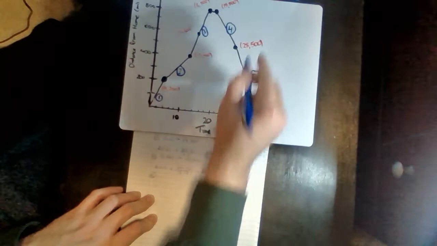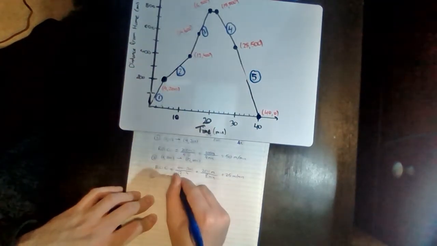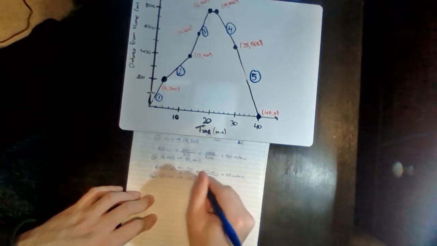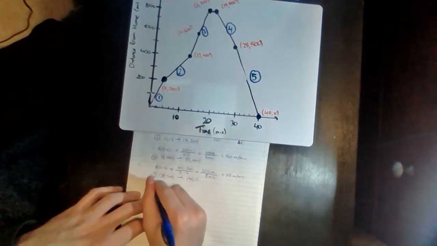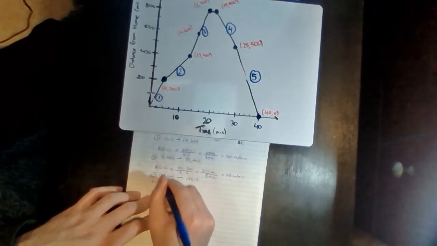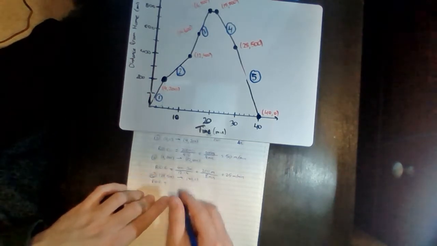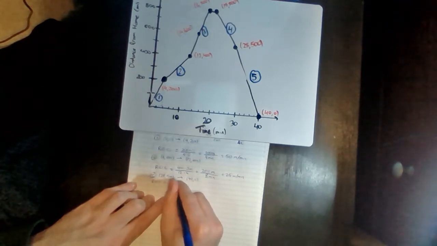So section 5, we're starting at 28, 500 and we're finishing at 40, 0. So the rate of change for this section, we're going from 500 to 0.